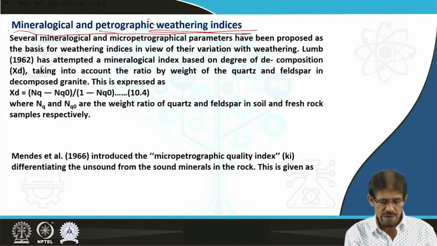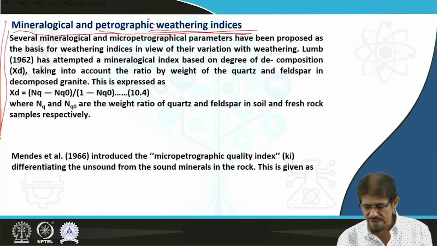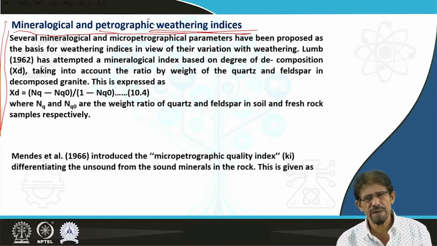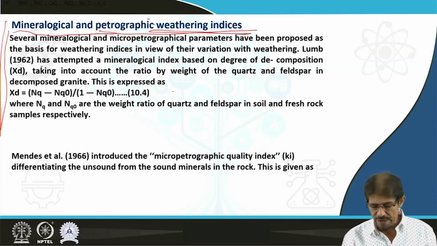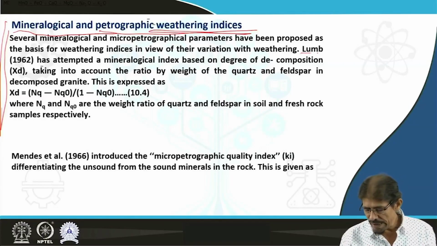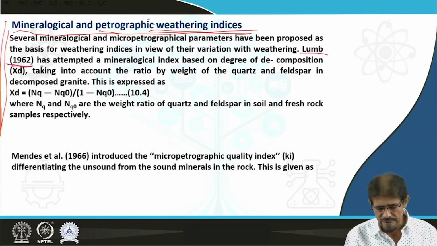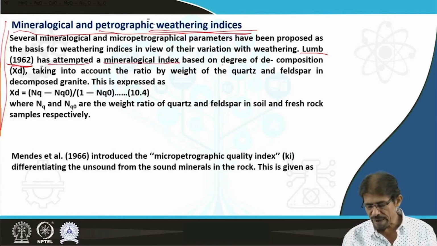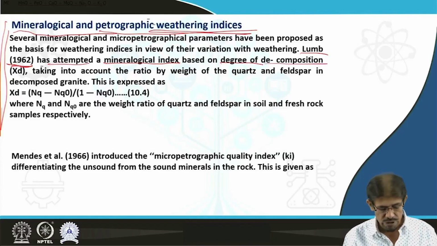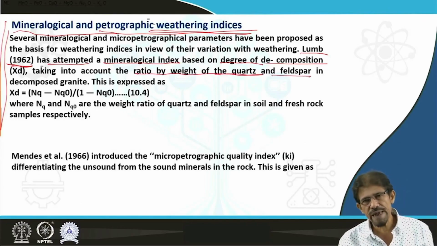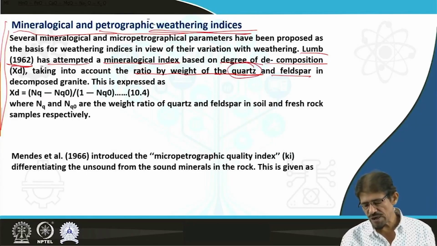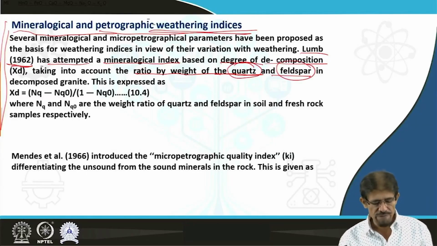These mineralogical and petrological weathering indices depend on the mineral constituents and their arrangement. In this direction, Lumb in 1962 attempted the problem and proposed a mineralogical index based on the degree of decomposition, by taking the ratio of weight of quartz and feldspar. And friends, as we have discussed, the resistance of quartz and feldspar are far different.